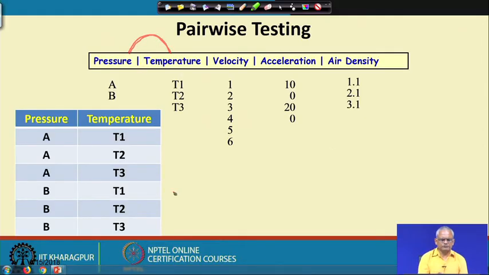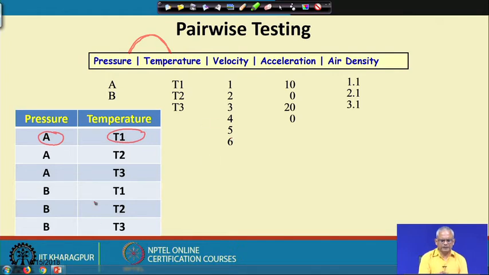So, our test cases must have pressure A, temperature T1, pressure A, temperature T2, A T3, and B T1, B T2, B T3. So, that is all possible combinations of pressure and temperature, and there are 6 entries here. Similarly, we might have, let us say, temperature and velocity. So, we will have 18 entries here.